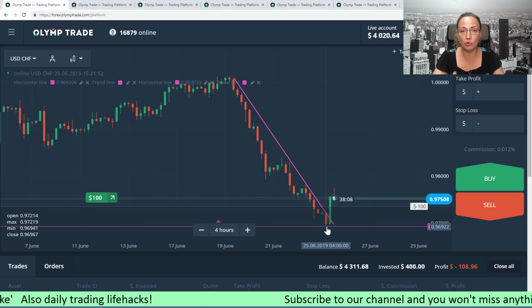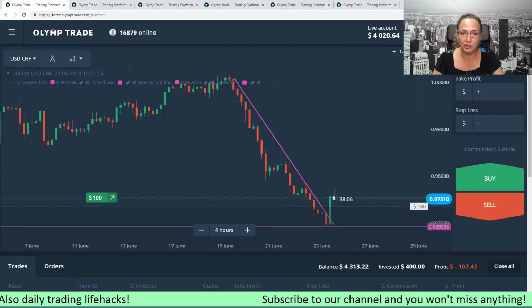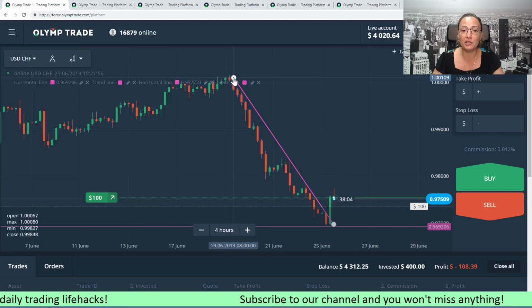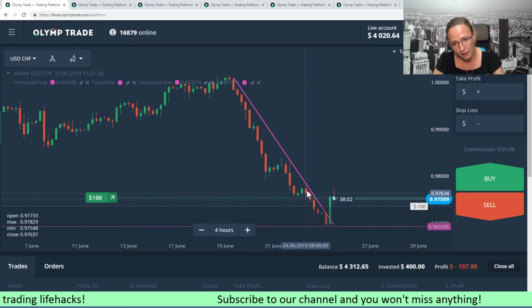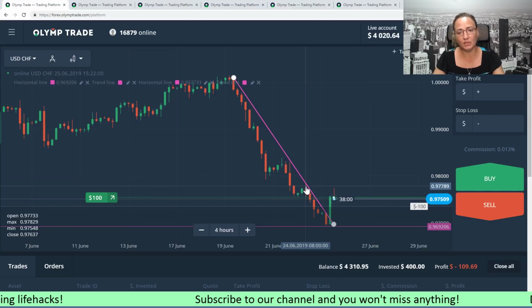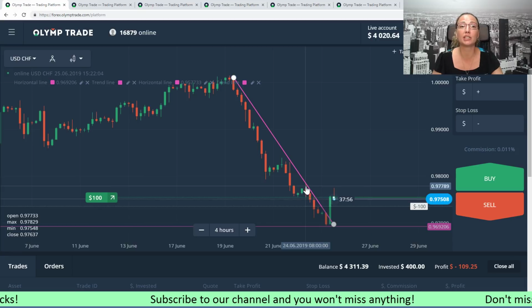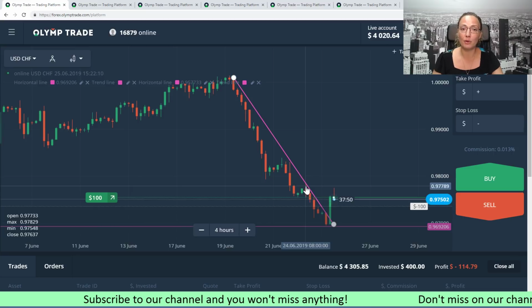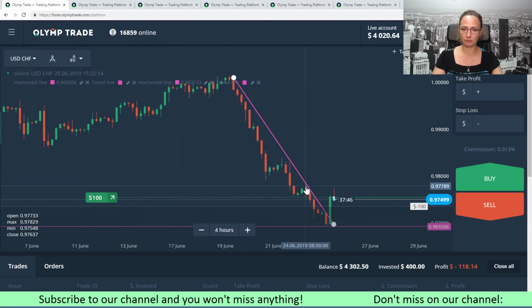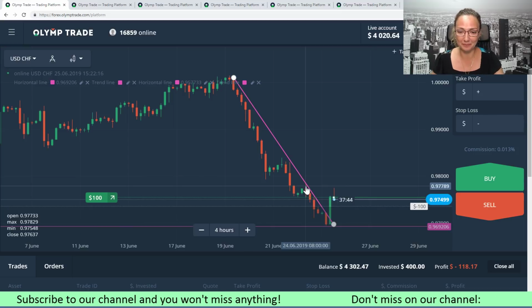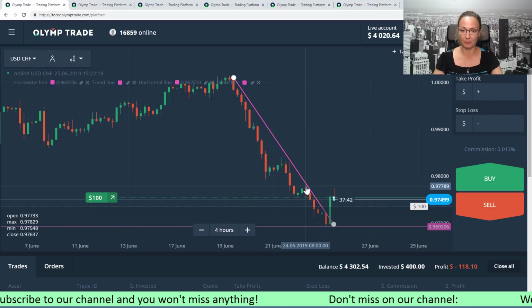I also drew a trend line from the second bearish candle, and I connected, and just remember your support and resistance as well as trend lines should have as many touches as possible without actually breaking the line. So the more touches it has, the better.